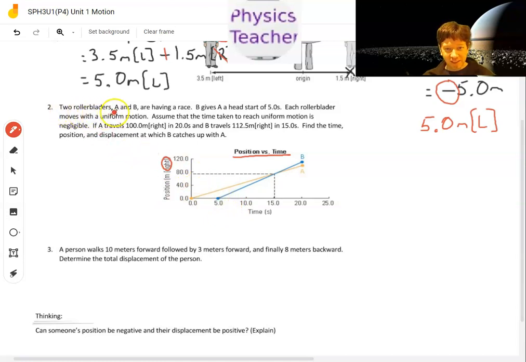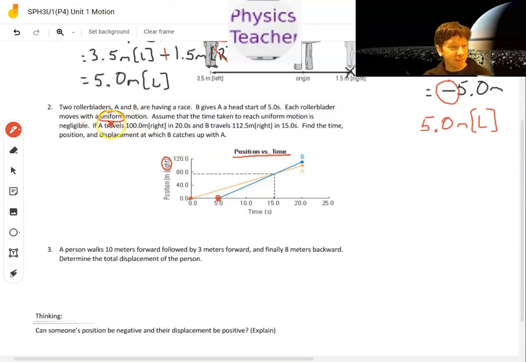So here we have two rollerbladers, A and B. They're having a race. B gives A a head start of 5 seconds. So you can see B, which is blue, starts moving over here at a time of 5 seconds, and A starts moving right away. Each rollerblader moves with a uniform motion. Uniform means unchanging or constant.